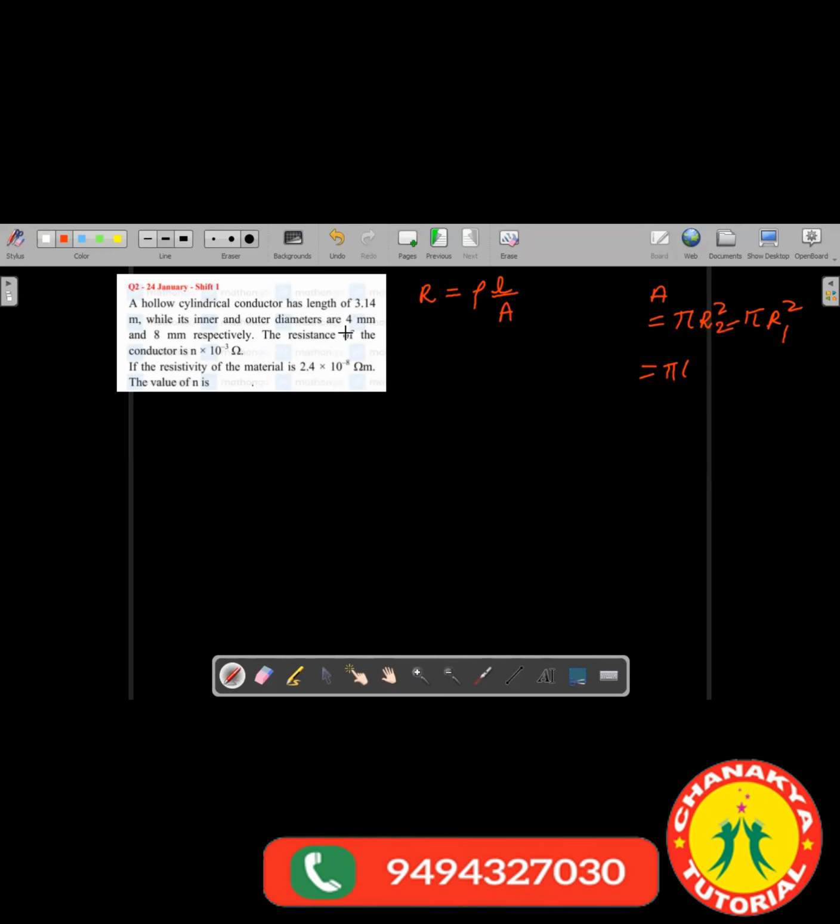The value of R2 is 4 mm. The outer diameter is 8 mm, so radius would be 4 mm. So you will get here 4 multiplied 10 to the power minus 3 whole squared, and minus R1 squared, where radius is 2, so you get 2 multiplied 10 to the power minus 3 whole squared.